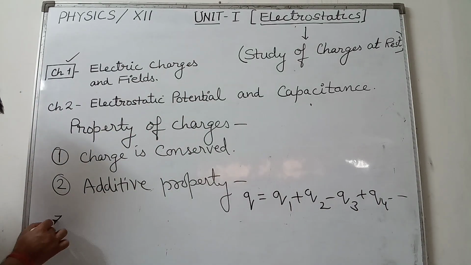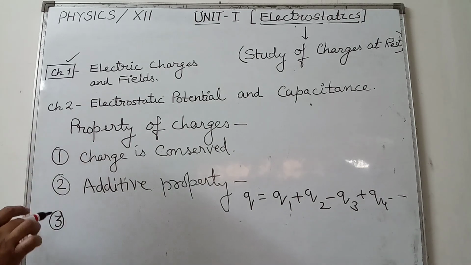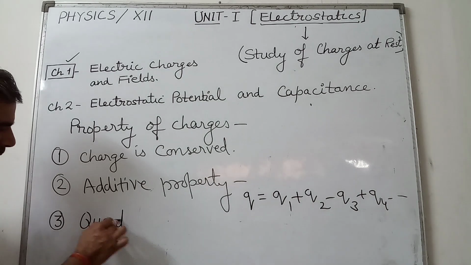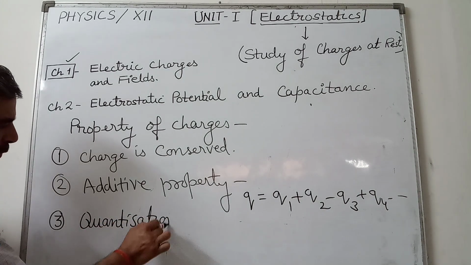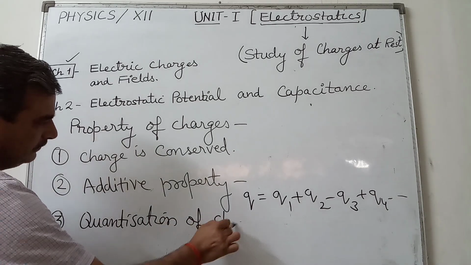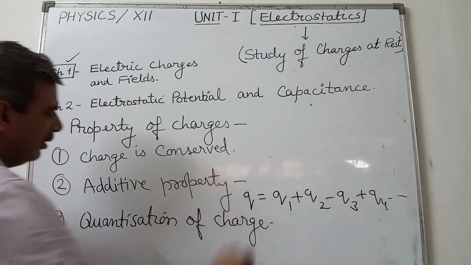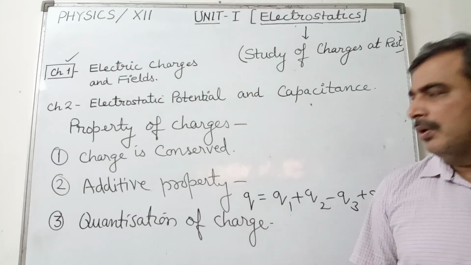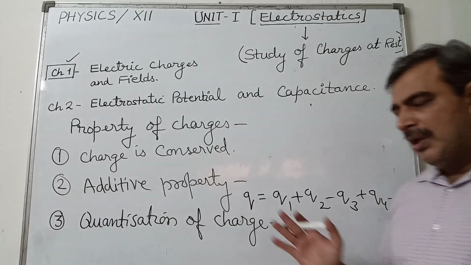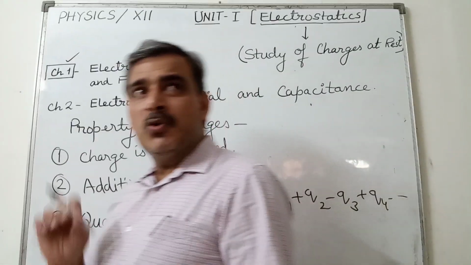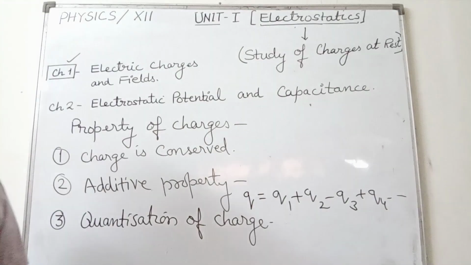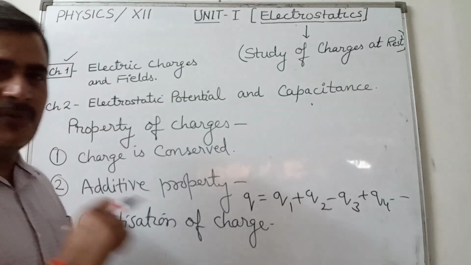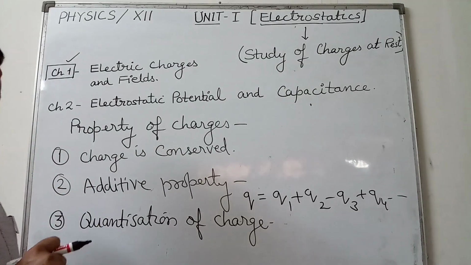The third important property of charge is the quantization of charge. What does quantization of charge mean? It means that when a charge is transferred from one body to another body, it will always be some integral multiple of the basic unit of charge, that is the charge on an electron.